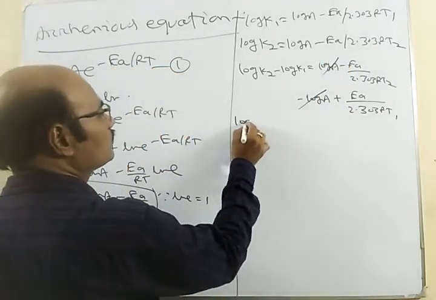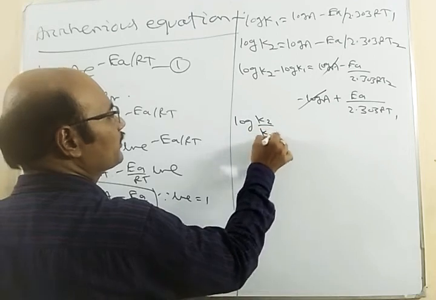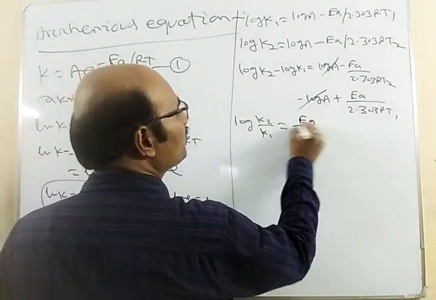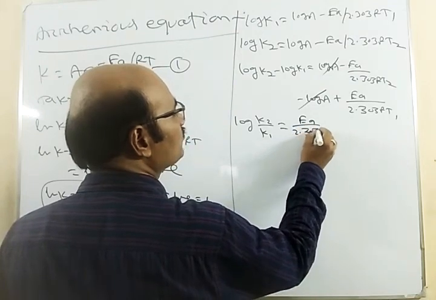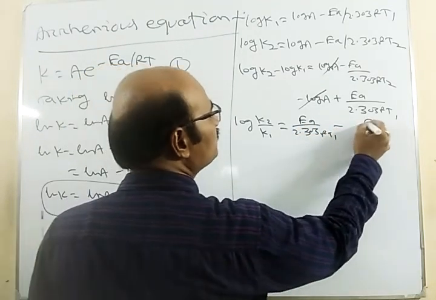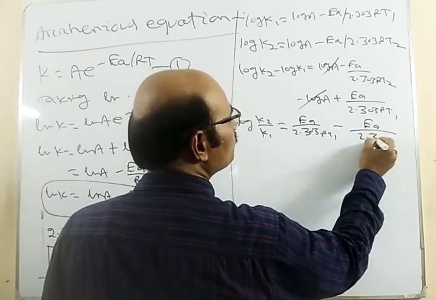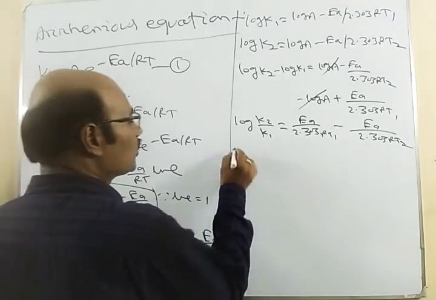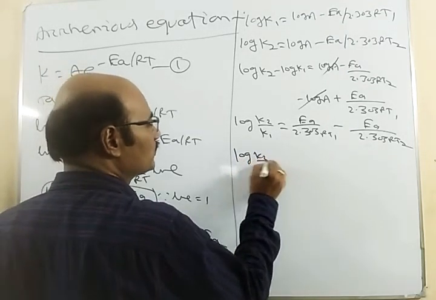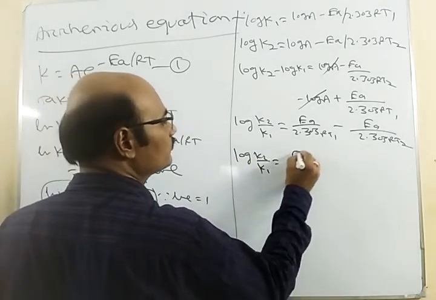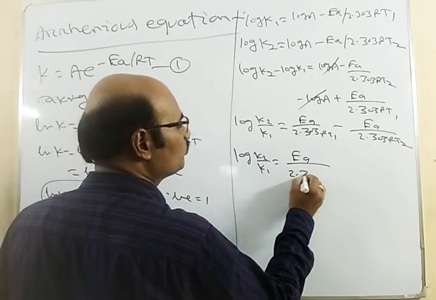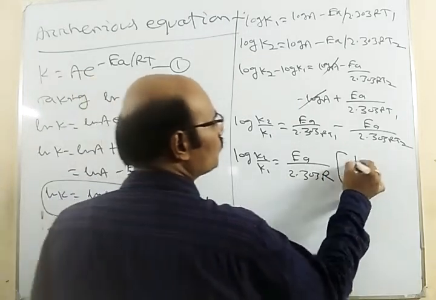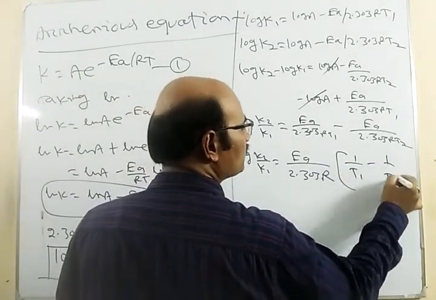So log k2 by k1 is equal to Ea by 2.303 RT1 minus Ea by 2.303 RT2. Now log k2 by k1 is equal to Ea by 2.303 R into 1 by T1 minus 1 by T2.